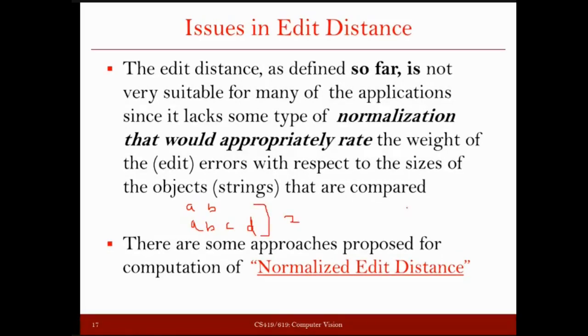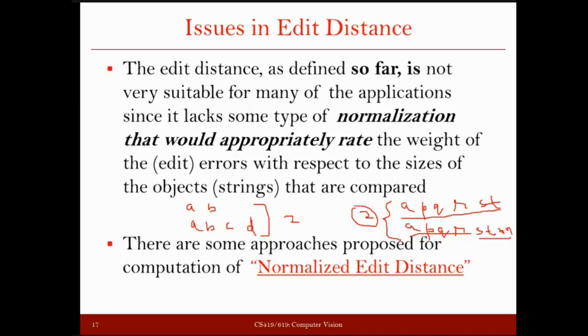But now let's say there is another string A, P, Q, R, S, and T, and another string with which you are comparing it, which has M and N at the end. If you compare the distance between these two strings, you will find that here also the distance is going to be 2.